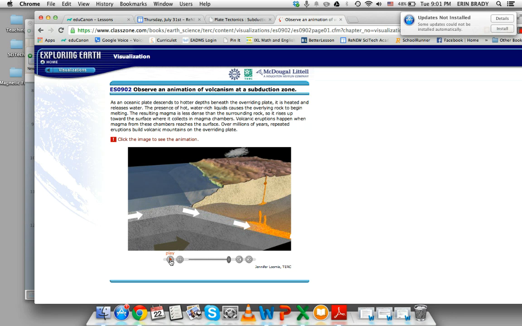So that crust, even though it was newly created back at the mid-ocean ridge, is now eventually, over time, being pushed back down into the mantle, and it takes millions of years for this to happen, where it becomes magma again as it melts. So that crust is recycled. So it's not actually spreading and growing forever, because eventually it's going to be pulled back into the mantle.